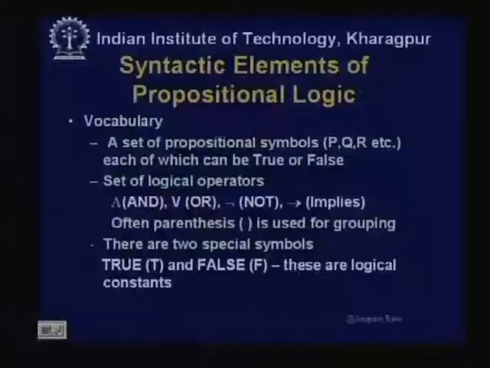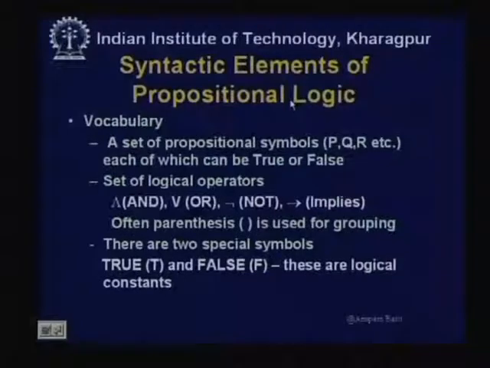Now, let us look a little more formally at the syntactic elements of propositional logic. Any language will have some vocabulary. For example, for the English language we have the vowels, the consonants, some numbers, etc. Similarly, for propositional logic the vocabulary is a set of propositional symbols.